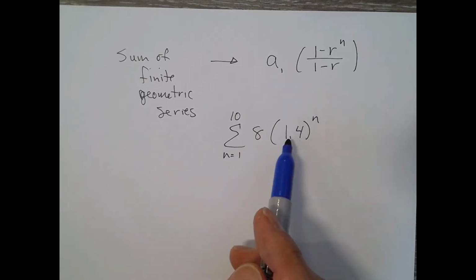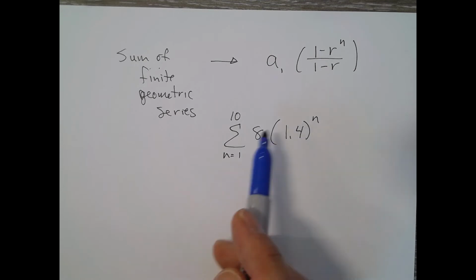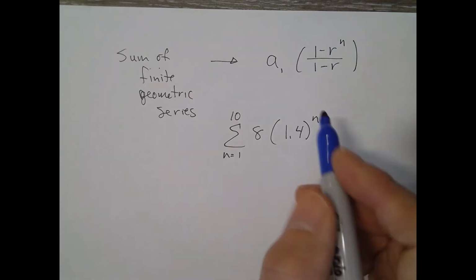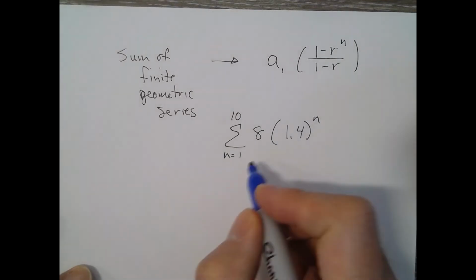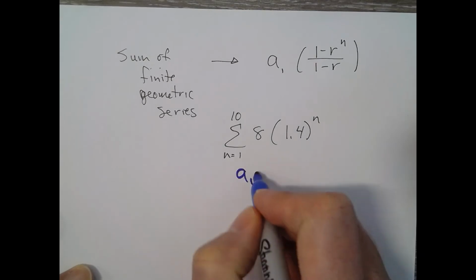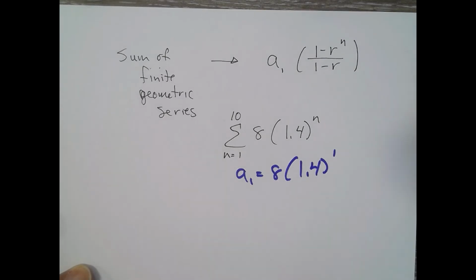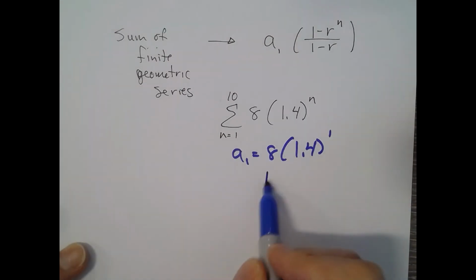It's 1.4 to the first. So if you plug 1 in, your first term is 8 times 1.4 to the 1. You ask your calculator what that is, and you get 11.2. So that's my first term.